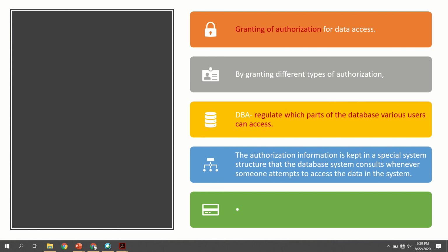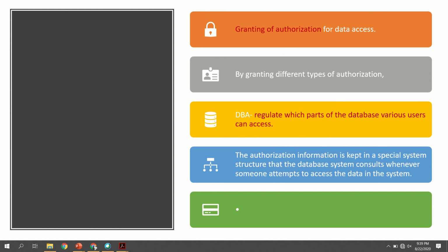The next one is regulating the parts of the database. We studied about the view. View means that different types of users can only access the data which is available or needed for them. For a student, in the same example, a student can only access their sessional marks or their attendance.